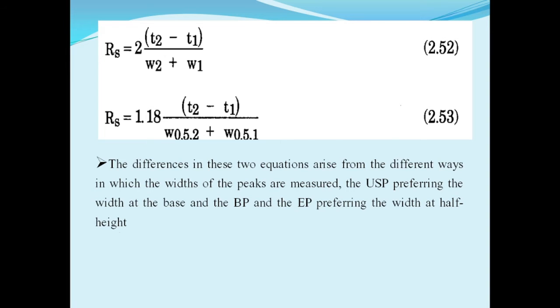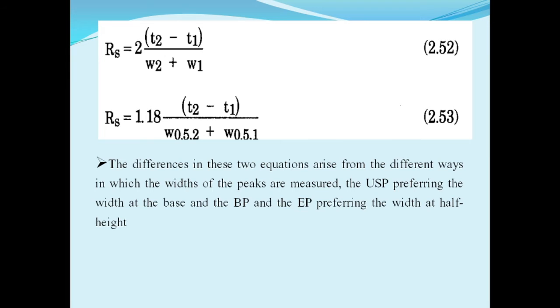As with the measurement of column efficiency, the two methods for calculation of resolution are equivalent if peaks are Gaussian. But the United States Pharmacopoeia approach, equation 2.52, is less susceptible to errors arising from peak asymmetry than the British Pharmacopoeia or European Pharmacopoeia approaches.